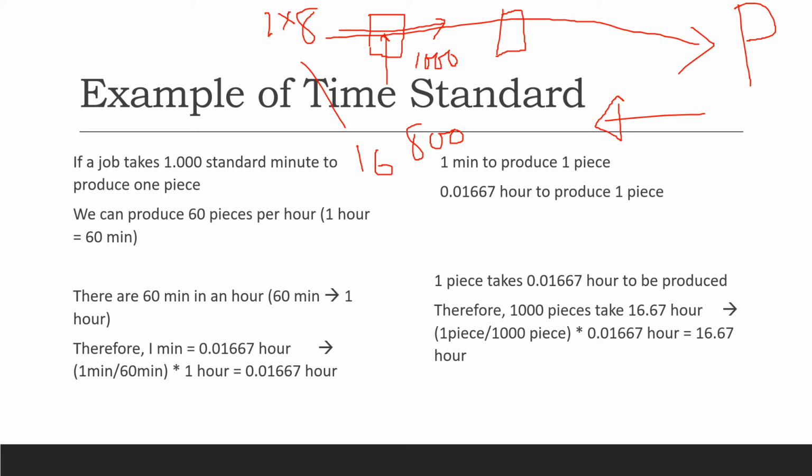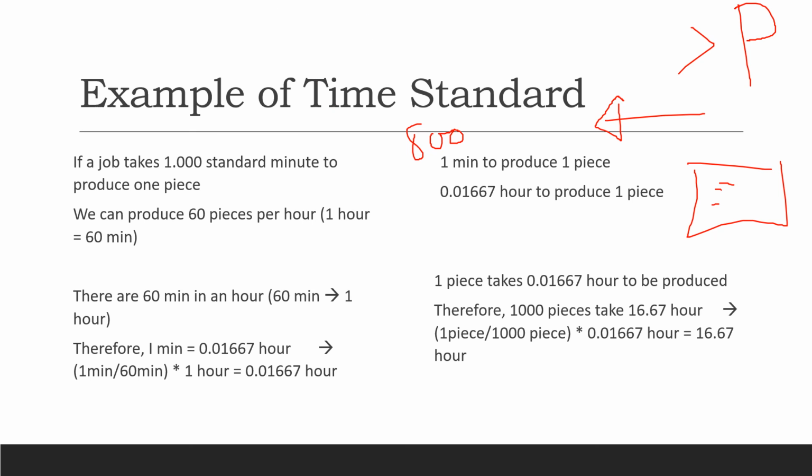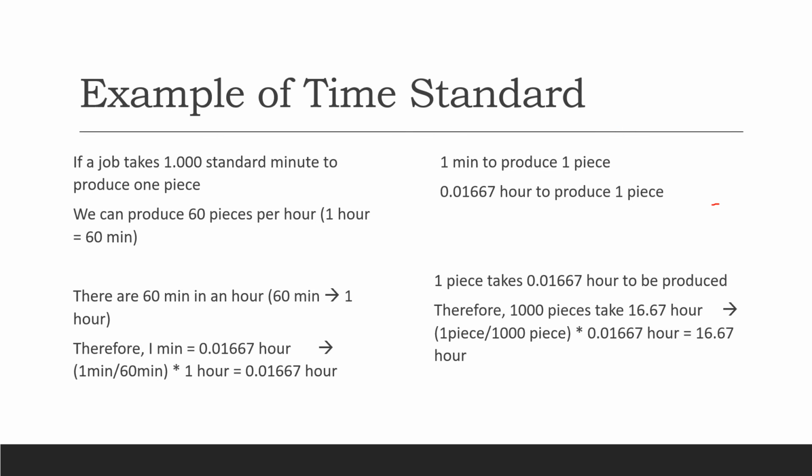So therefore, you might be on a layoff list, okay, or you might be on a schedule to get fired, or you might be on a corrective plan to come up with 1,000 pieces in 2 days of 8 hours on a day shift. Okay. So now you get an idea of why we do time motion study to come up with a standard.